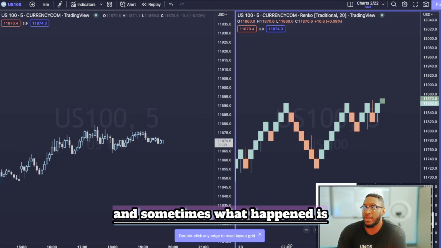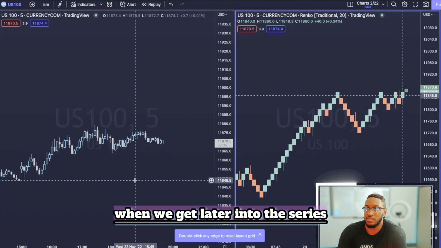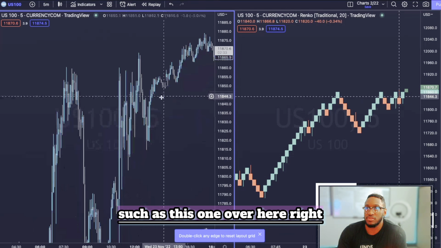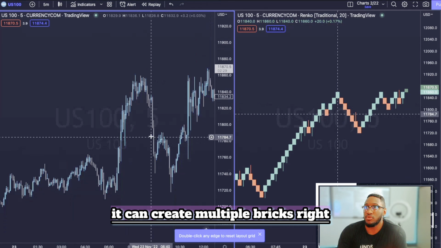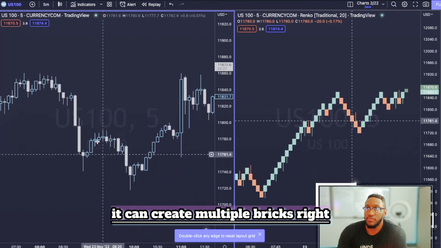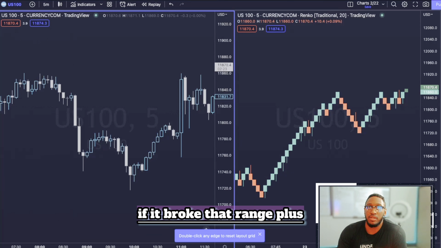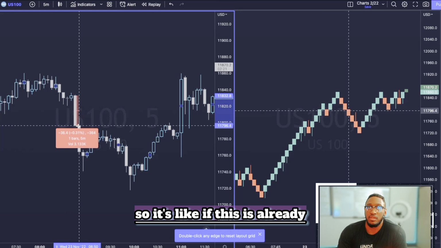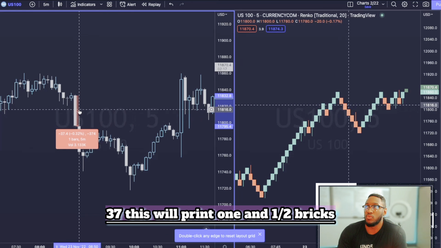And sometimes what happens is if you get a large candle, and this is going to be important later in the series, such as this one over here, right, it can create multiple bricks if it broke that range plus. So it's like if this is already 37, this will print 1.5 bricks.